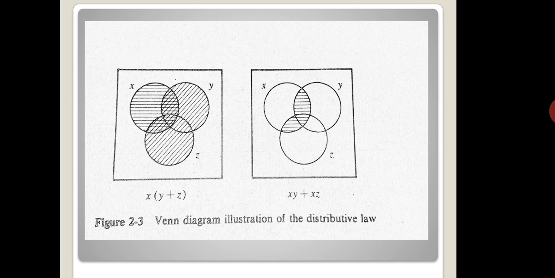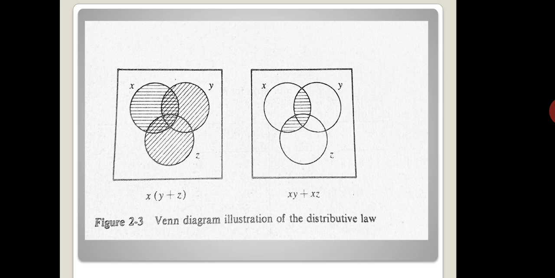Try to solve some simple problems, whatever you solved in general mathematics in 8th and 10th. You have to recall all those concepts which are required here also. Don't forget the basic concepts of mathematics when solving the Boolean algebraic expressions in this subject. Now, x in the bracket y plus z is represented in one fashion, and xy plus xz is represented in a separate fashion.